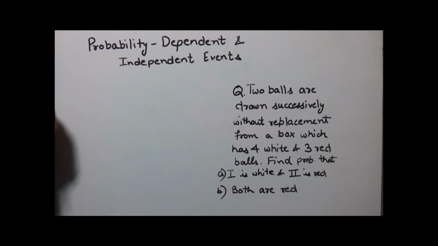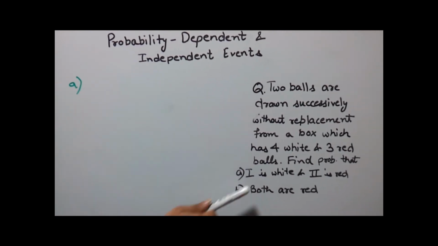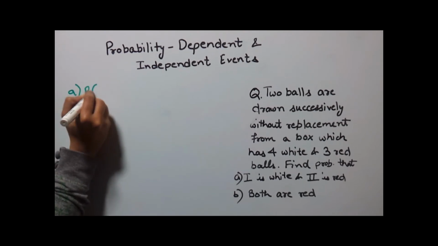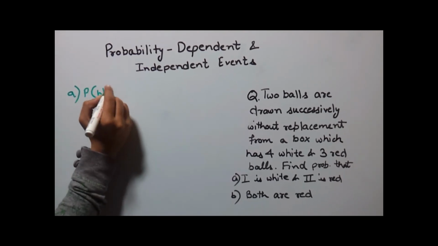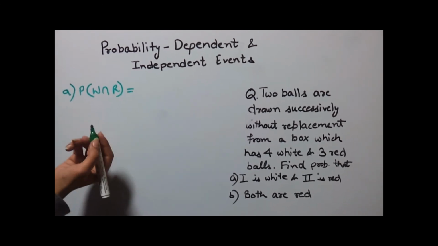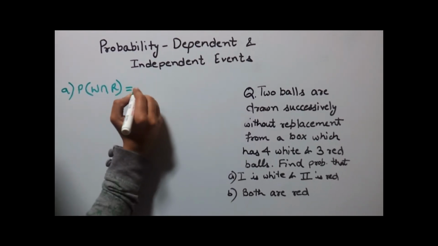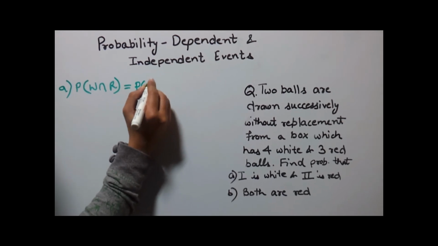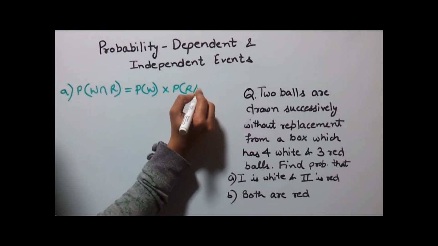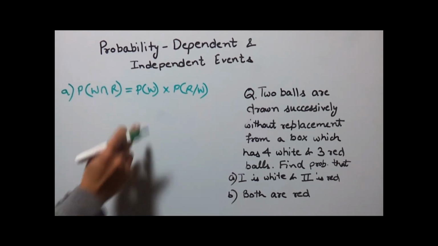So, solving our first part, we need to find out the probability that first is white and second is red, where our formula becomes probability of white into probability of red when white has already taken place.